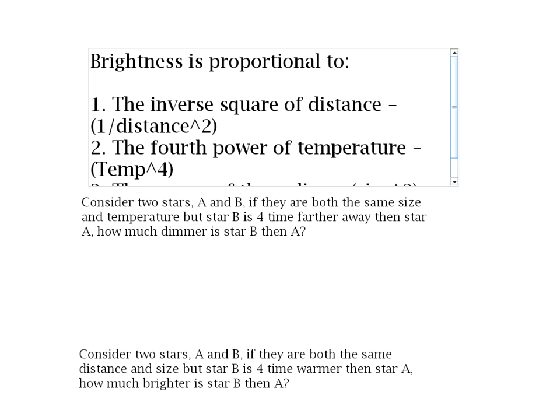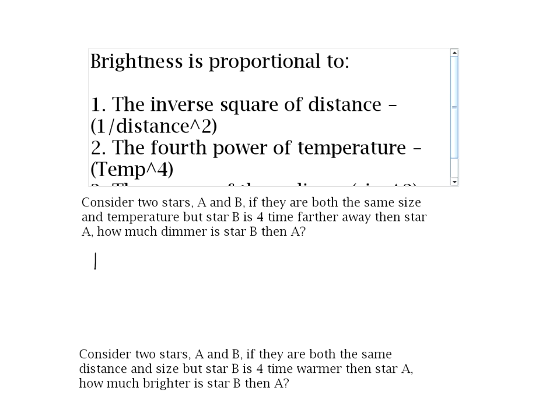Consider two stars, A and B. If they are both the same size and temperature, but star B is 4 times farther away than star A, how much dimmer is star B than A? All right, so let's take a look at this.